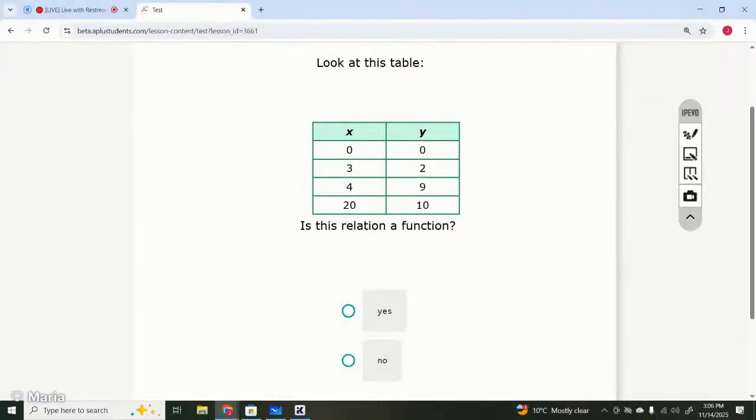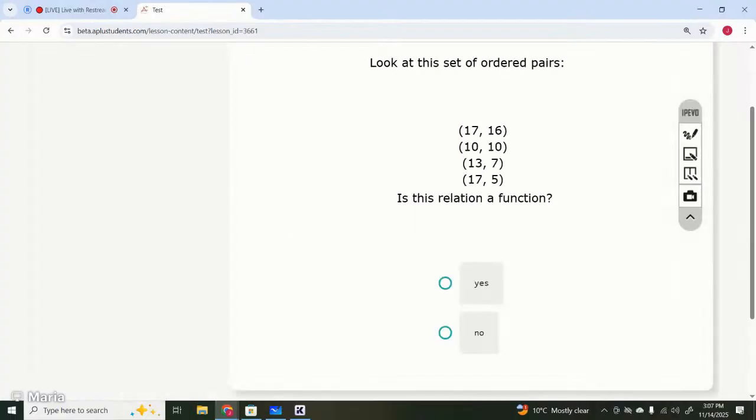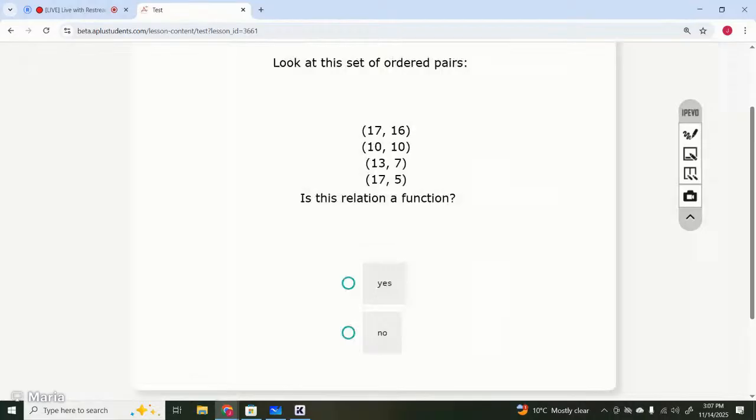Yes, so the correct option is yes, the relation is a function because each value of x maps to only one value of y.